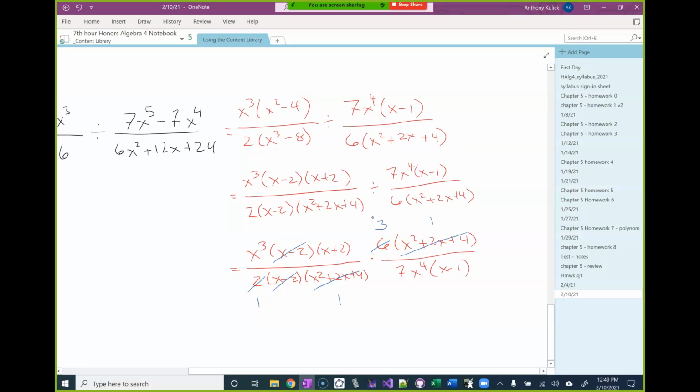Anything else? The x's, right? Everybody okay there? All right. So my reduced answer is just going to be 3x plus over 7x times x minus 1.